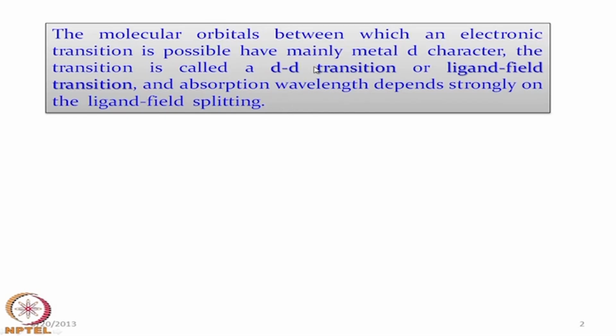That means, if the delta O or the delta octahedral is known, we find that depending upon the amount of splitting, that means the amount of separation between these two orbitals, the separation between the d-d orbitals will tell us which particular part of the electronic spectrum will have the corresponding absorption, and as a result we see the corresponding complementary color as the solution color or the solid state color of the corresponding complex.